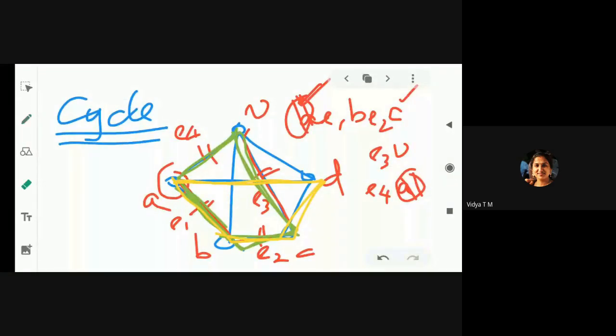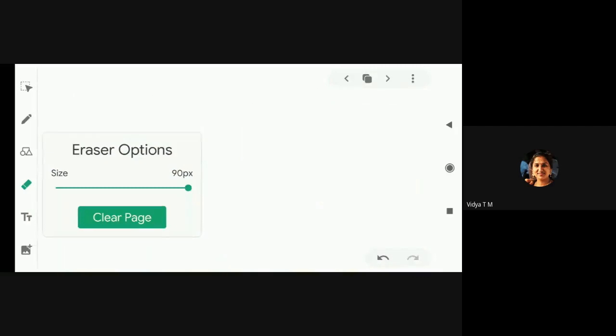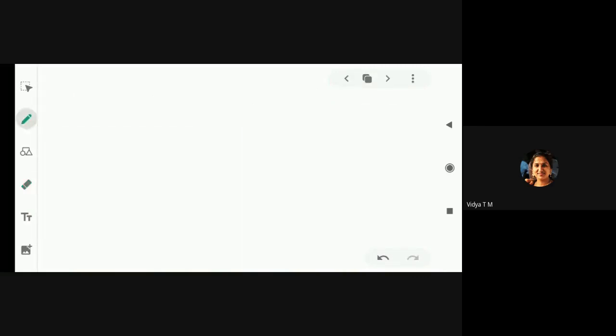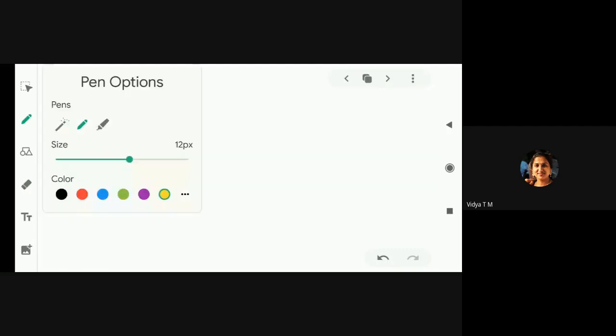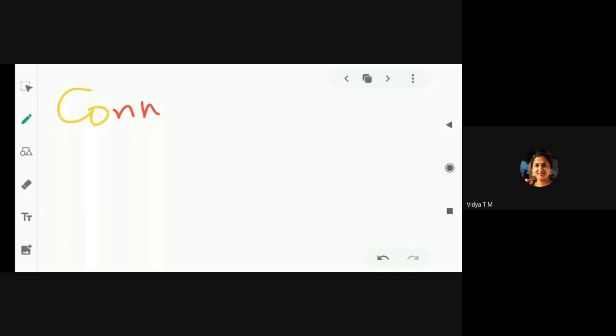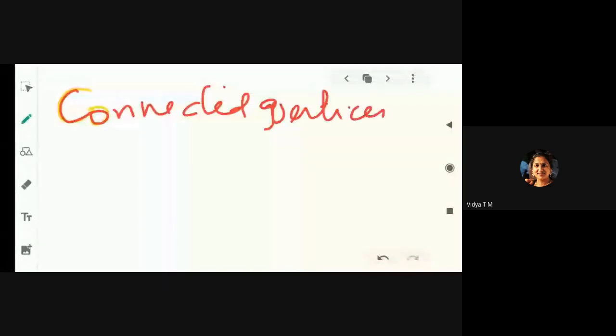Now, let me give one more very important definition, that is called connected. First of all, let us define what is meant by connected vertices. After that, we'll define connected graphs.